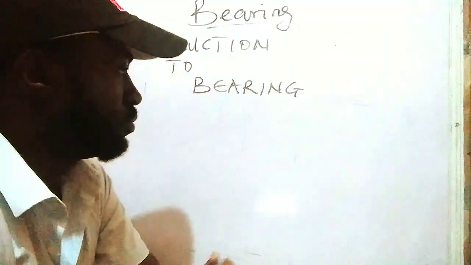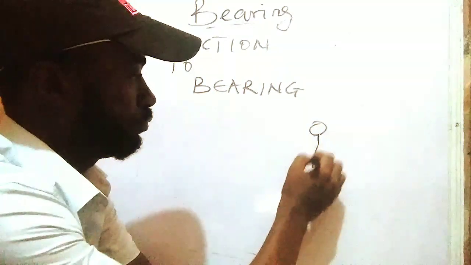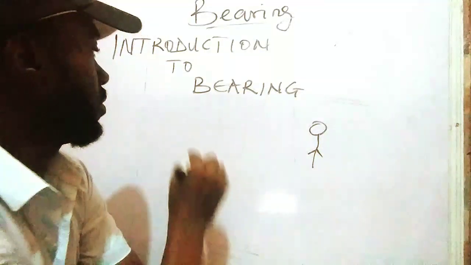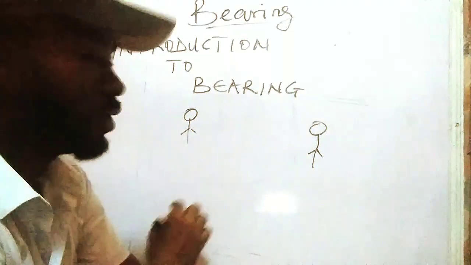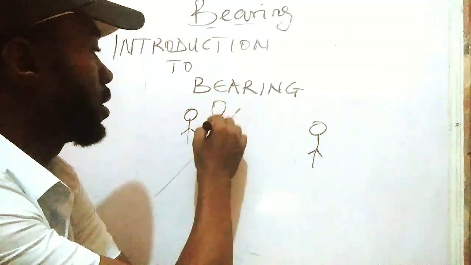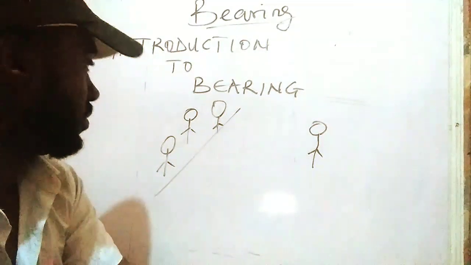Now, let's assume a teacher is here, and then we have two pupils, or probably three pupils standing. Please just permit my diagram.